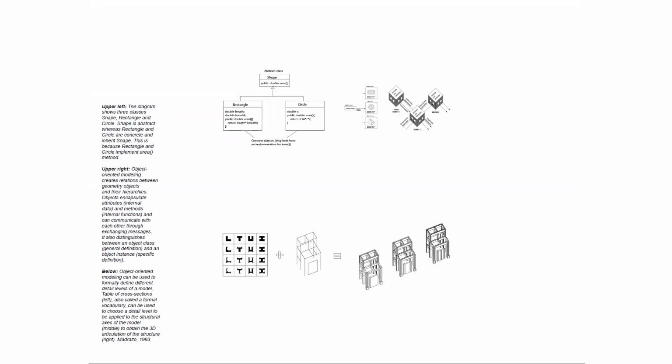These objects also have a class, which describes how they look, and then from this class I can generate different objects, different instances, and maybe they inherit their properties from another class called, for example, shape, because rectangle and circle are shapes.